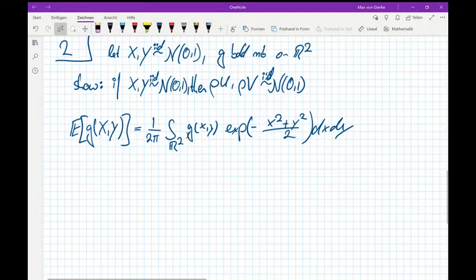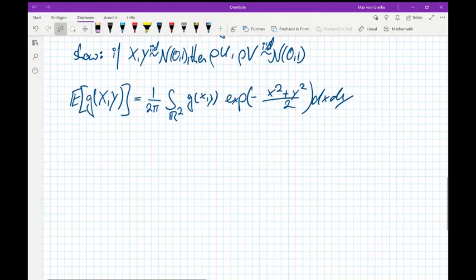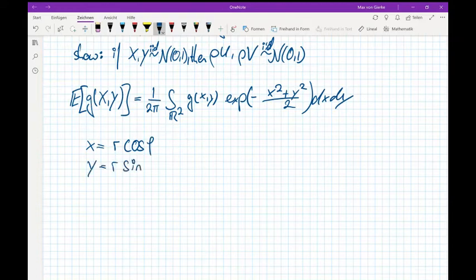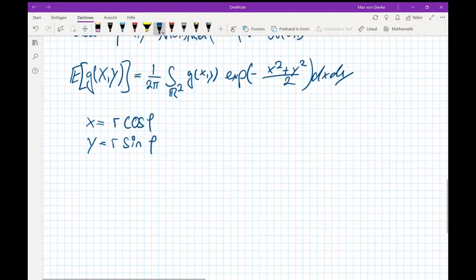So by this standard analysis 1 or 2 polar transform, x is r cosine phi and y is r sine phi. So dx dy is r dr d phi.